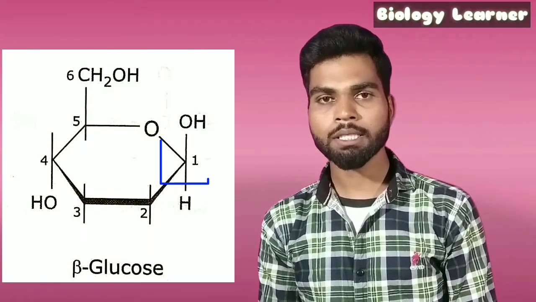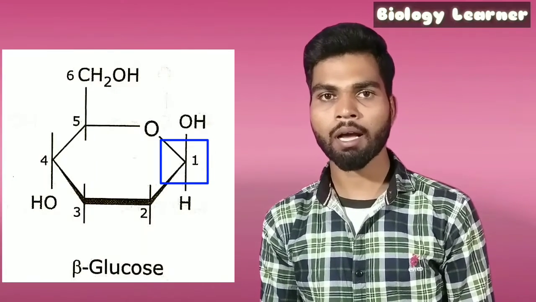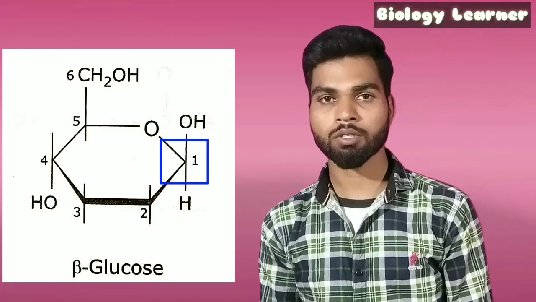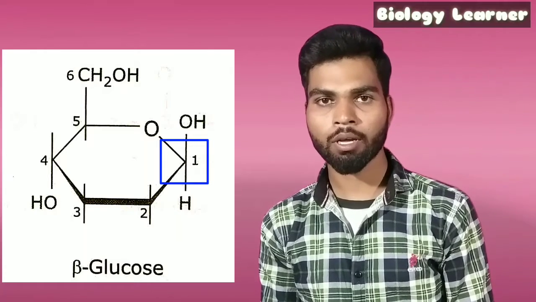Let us learn what is alpha and beta configuration of the cyclic structures. Before we know what is alpha and beta configuration, we need to know what is anomeric carbon. So, the hemiacetal or hemiketal carbon in the cyclic structure is called anomeric carbon. Now let us know what is alpha and beta configuration.